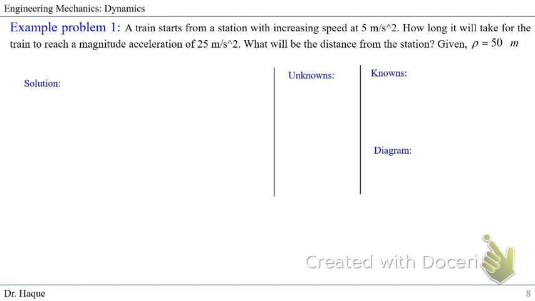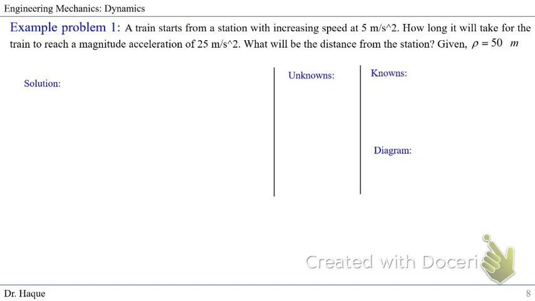and the question is how long it will take for the train to reach a magnitude acceleration of 25 meters per second square. So the question asks for how long it will take the train to reach 25 meters per second square acceleration, and what will be the distance from the station.